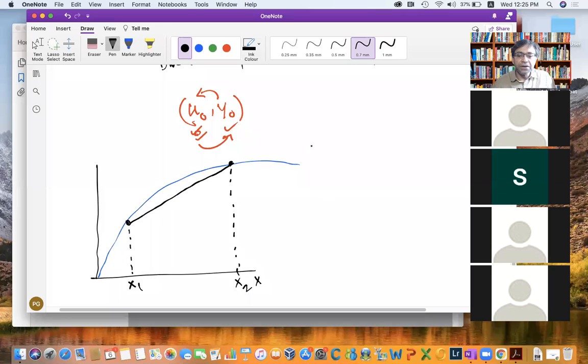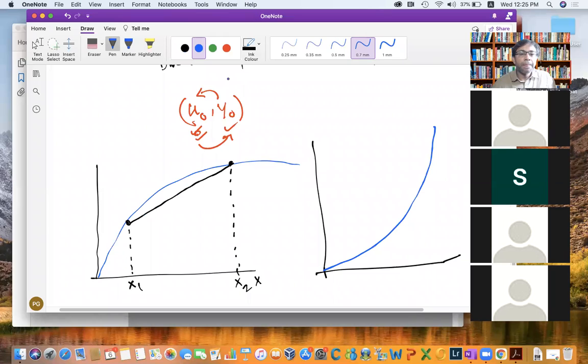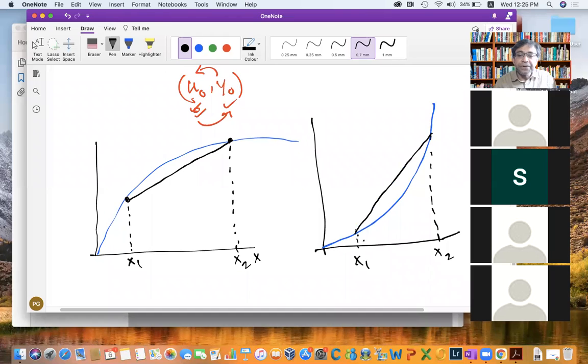If we had a convex function, it'll be exactly the opposite. Now, that is the very definition of concave and convex functions.